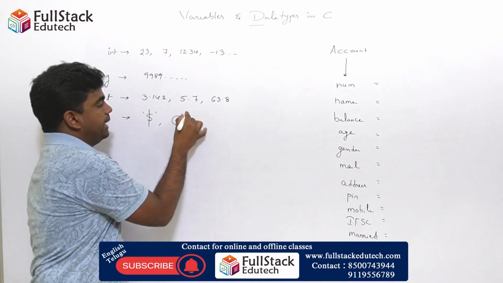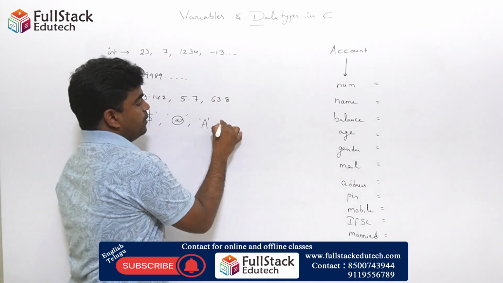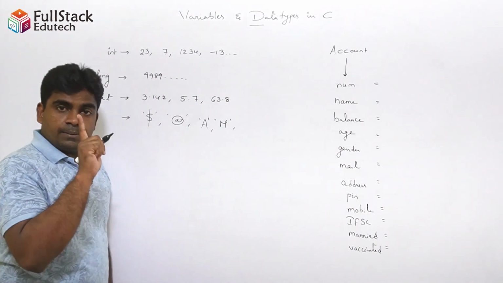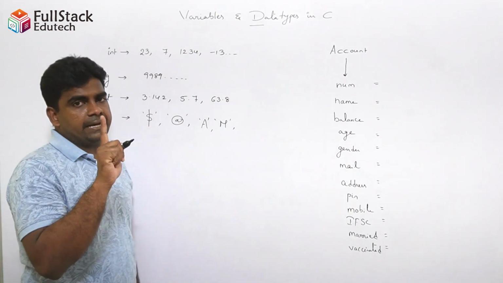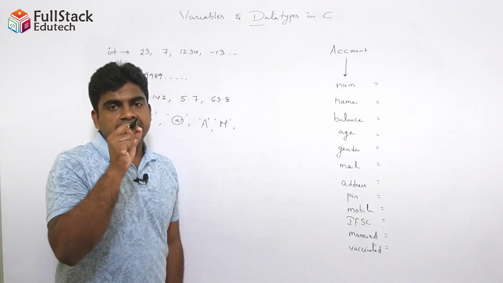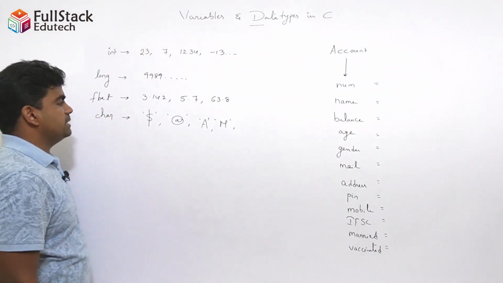I want to store at the rate, capital A, or the male representation, capital M. Anything, but a single character only. If you want to store that, you must put it in single quotes, and the data type is char.